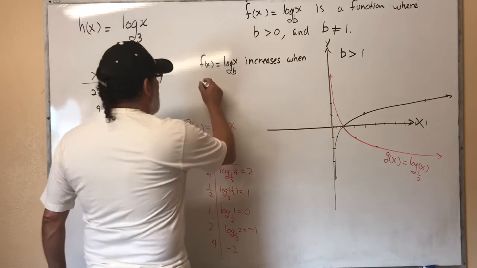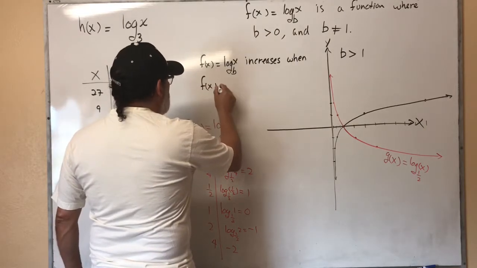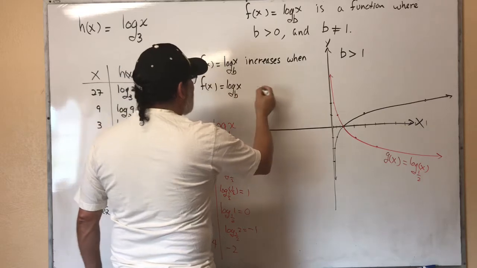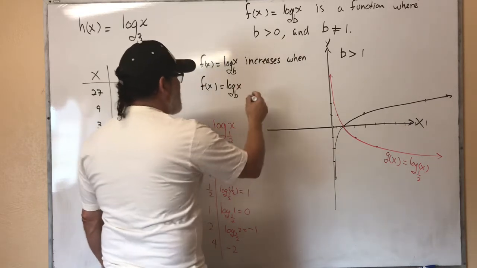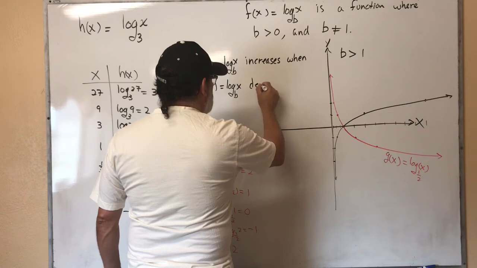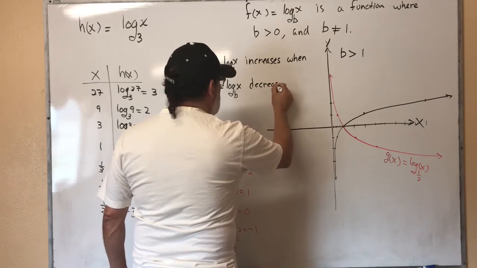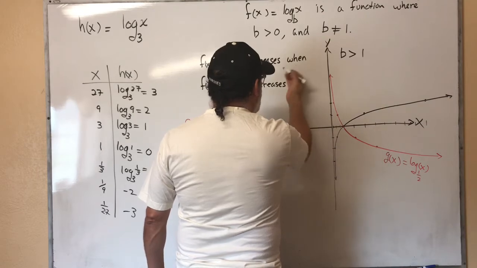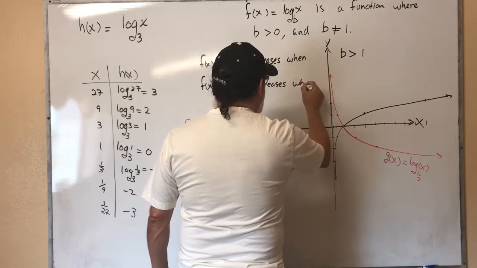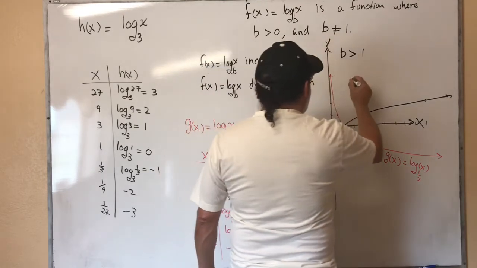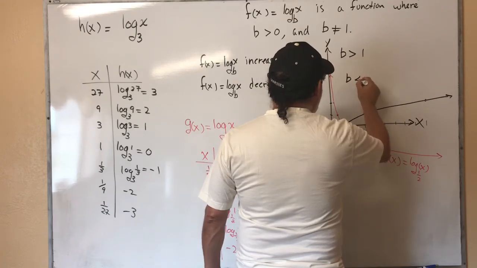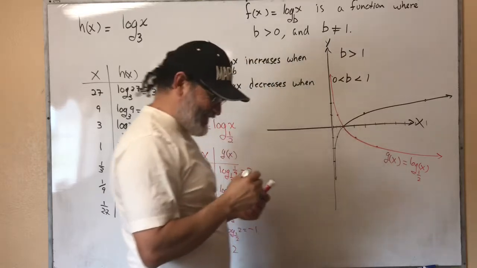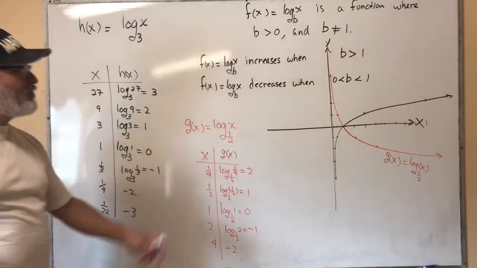So let's say f of x equals log base b of x decreases when the base is less than 1, greater than 0. There we go.